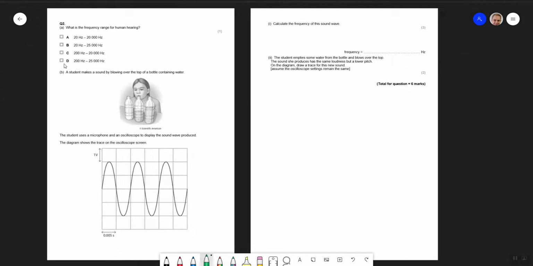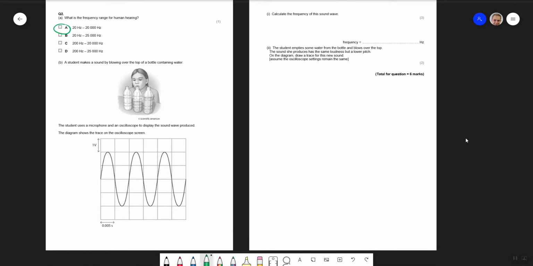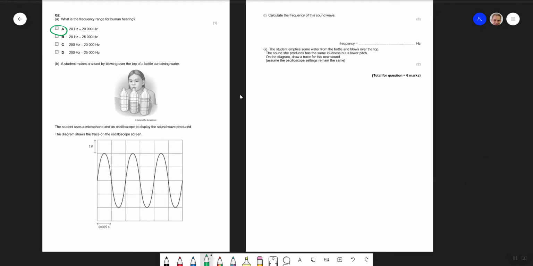Question 2. What is the frequency range for human hearing? 20 to 20,000, so that would be A. Oh look, it's another oscilloscope trace, and it looks very similar. Calculate the frequency of the sound wave. We need to measure the time for the whole thing.